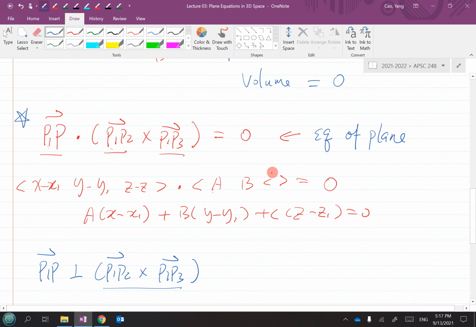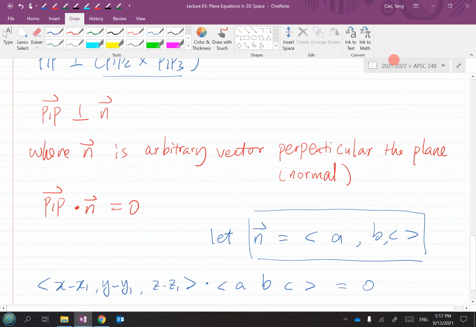So can anybody tell me what is the relationship between the capital ABC and the small letter ABC vector? What are the similarities? What are the differences? Yes. Same direction. Excellent. Then what's the difference? The magnitude. Exactly. Right? Excellent.